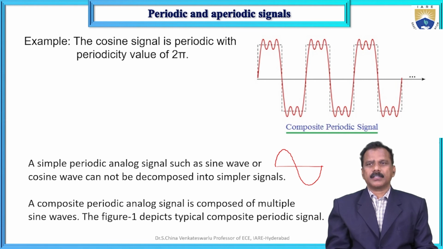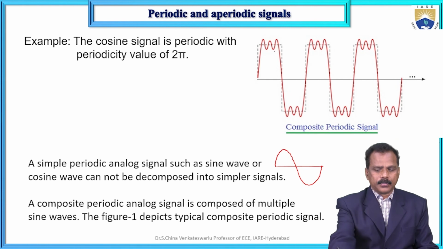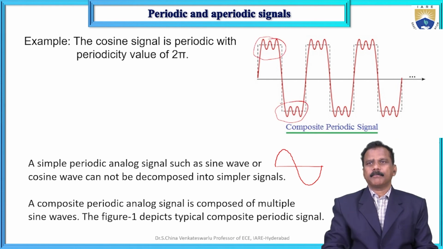The figure depicts a typical composite periodic signal, observed in the positive going or negative going transition. So using this simple example, the cosine signal is periodic with a periodicity value of 2 pi.